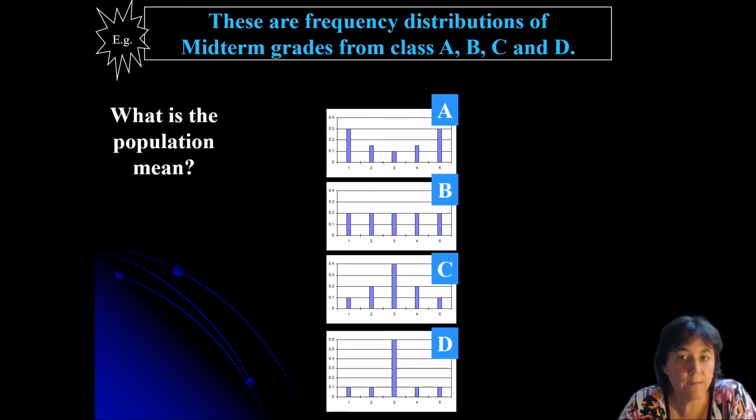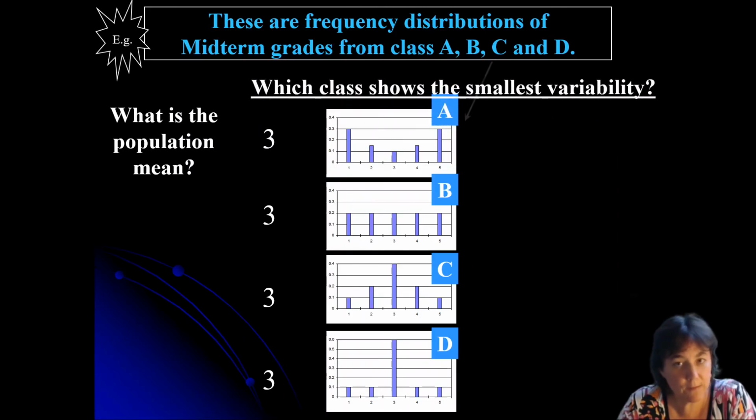For the first one, you would have to find the balance point or simply calculate a population mean, and you would arrive at 3. For the second one, the same frequencies, the balance point where you could hold up this distribution and it wouldn't flip to the left or the right will also be 3, and even here 3, because these are symmetrical distributions, thus the balance point will always be in the middle.